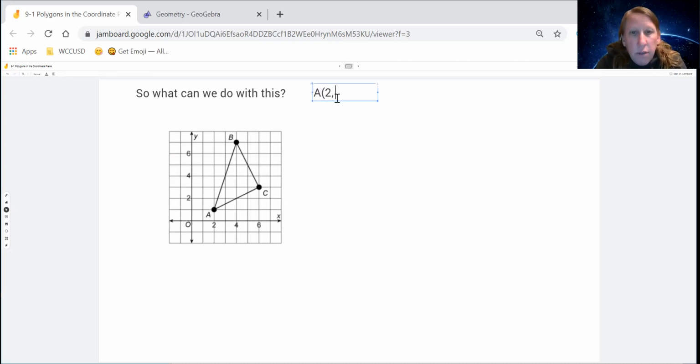So the first thing that we would do is we would assign coordinates for each of the points. So A is at 2, 1, 2 in the x-axis, 1 in the y. B is up at 4, over at 4 and up at 7. And C is located at 6, 3.